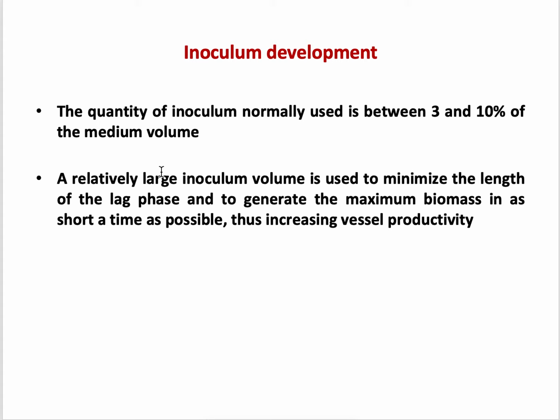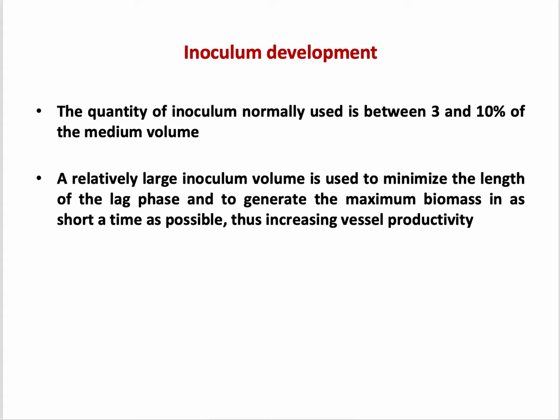A relatively large inoculum volume is used to minimize the length of the lag phase and to generate the maximum biomass in as short a time as possible, thus increasing vessel productivity. So that means the inocula that we add in the fermenters should be between 3 to 10% of the total media volume, and we should add a sufficient, that means large, amount of inocula into the fermenter.